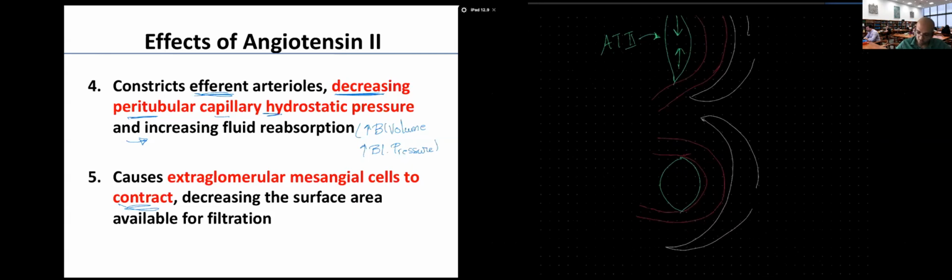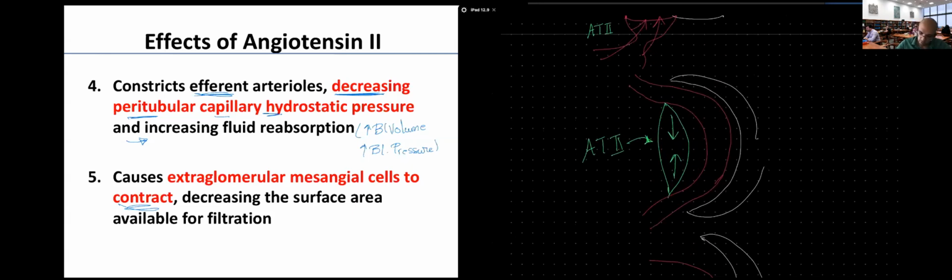So do you notice any difference here? What was the area available for filtration before I contract the extraglomerular mesangial cells? All this connection, all the parts where the vessel meets the Bowman's capsule. This is my surface area available for filtration to take place.